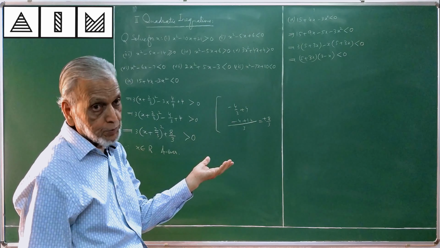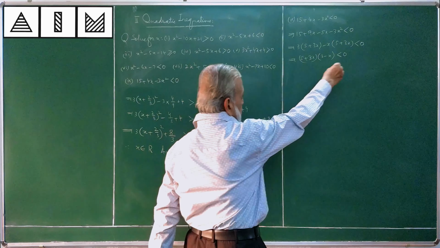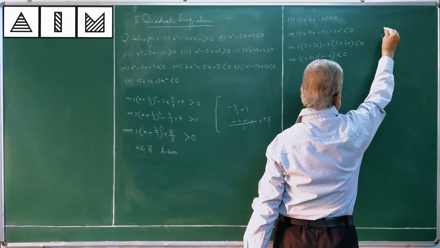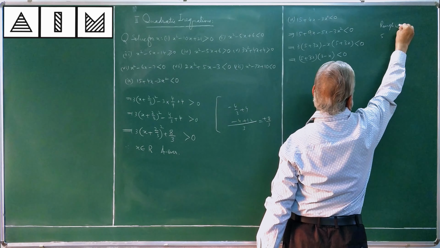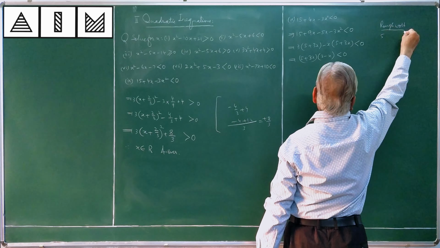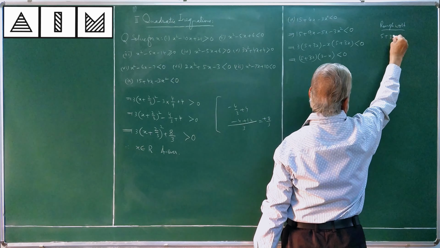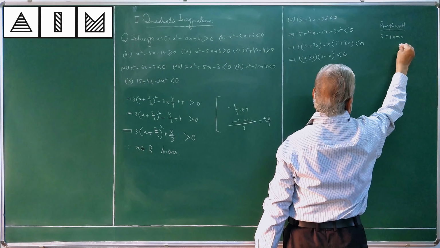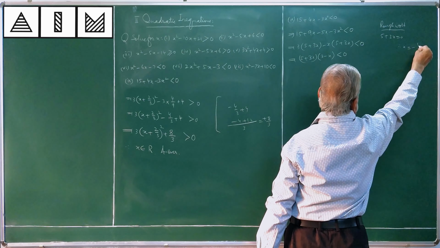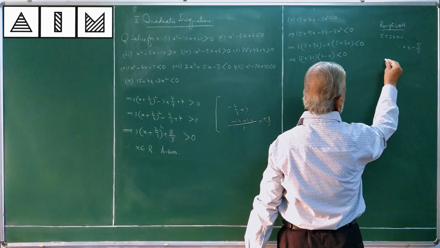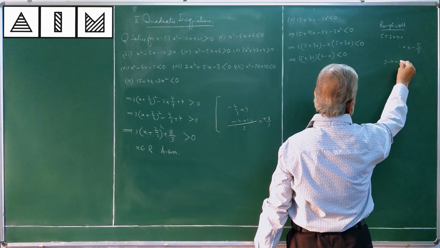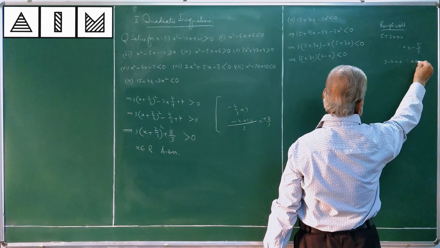Now the question comes of intervals. 5 plus 3x is equal to 0. Please see the rough work once again. 5 plus 3x is equal to 0 gives x is equal to minus 5 by 3. 3 minus x is equal to 0 gives you x is equal to 3.